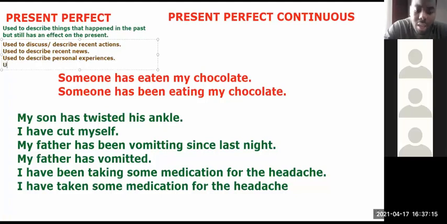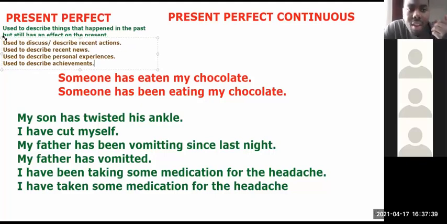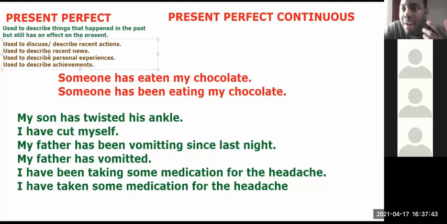Importantly, we also use it to describe achievement. So when you're talking about achievement, things you have achieved, you've succeeded at. I have won several awards, okay. My father, who is a doctor, has performed over 2,000 surgeries, okay. Or the doctors in my hospital have examined over 5 million patients this year, something like that.